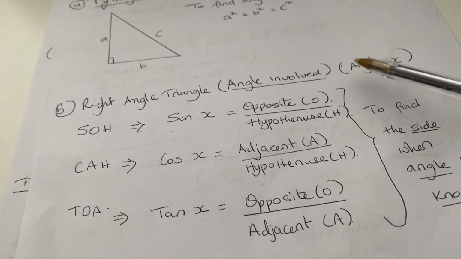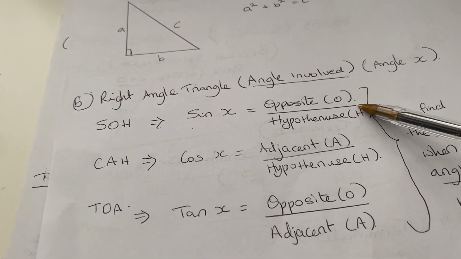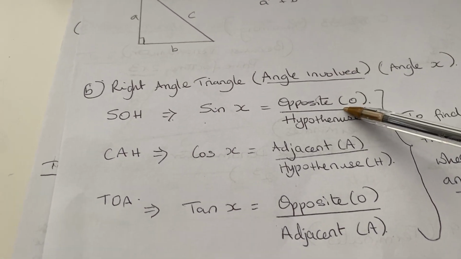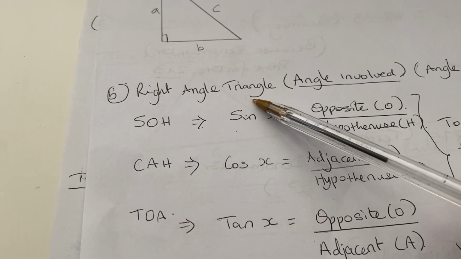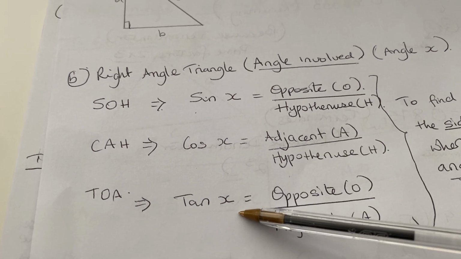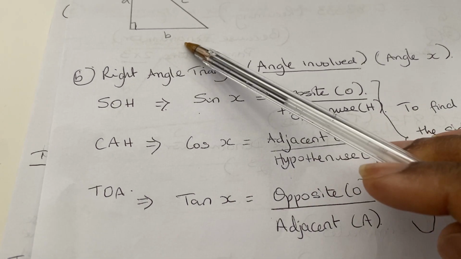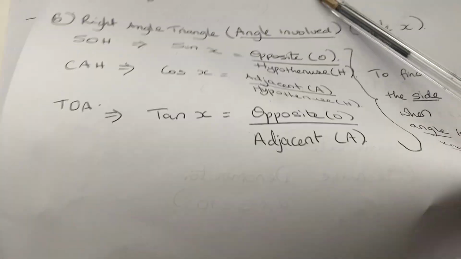So again, the SOHCAHTOA here involves the opposite over the hypotenuse. It involves the right angle triangle. Assuming it didn't involve the right angle triangle, then I couldn't do that.